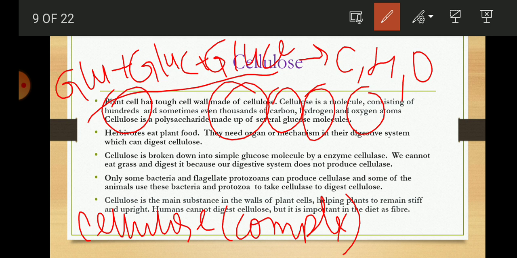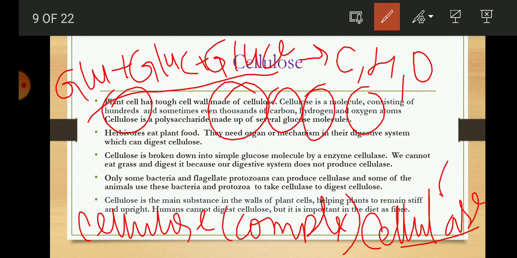Thereafter, this cellulose is eaten by the grass eating animals, the herbivores, and they need an organ or a special mechanism to digest it. Cellulose is digested by the enzyme cellulase, C-E-L-L-U-L-A-S-E.